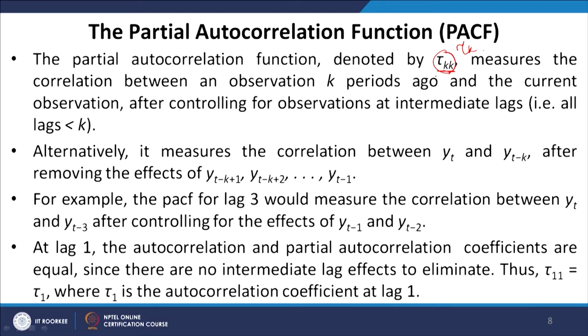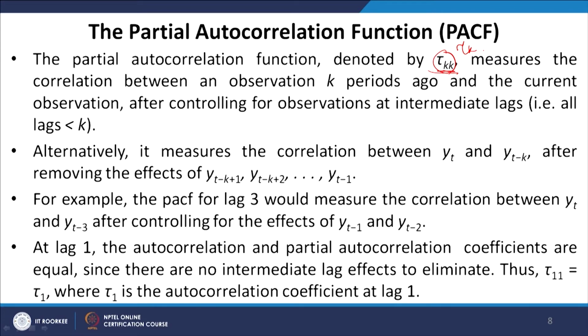After controlling for observations at intermediate lags, that is all lags less than k, we arrive at this partial autocorrelation function. Okay. So, this implies that it directly connects the current observation with the k period lagged observation, and the observations in between are not taken into consideration.